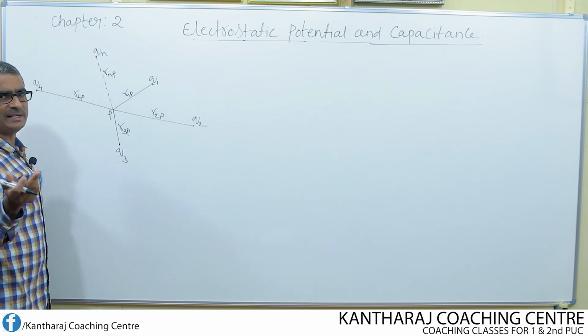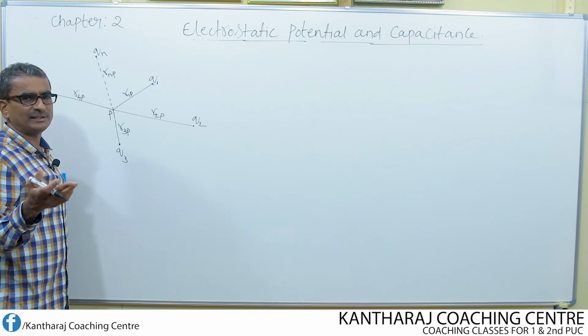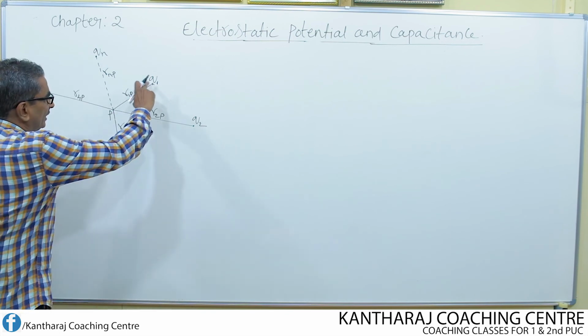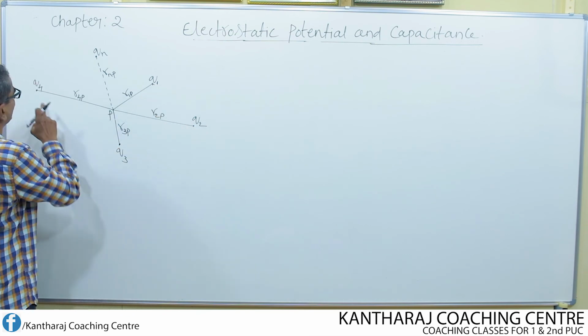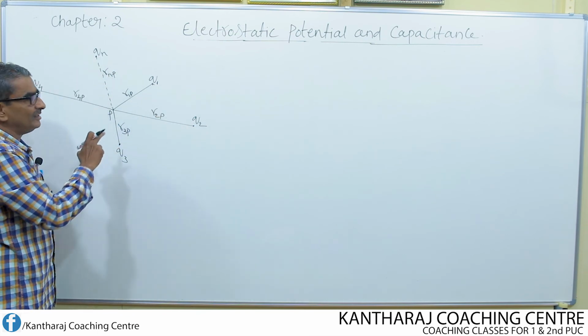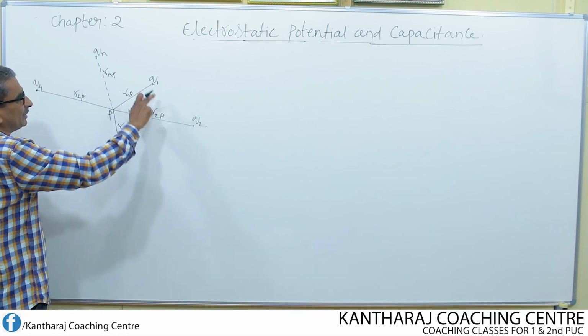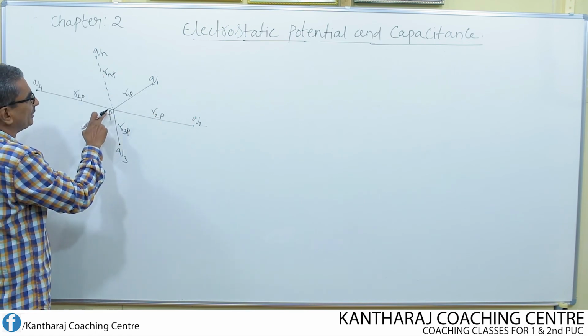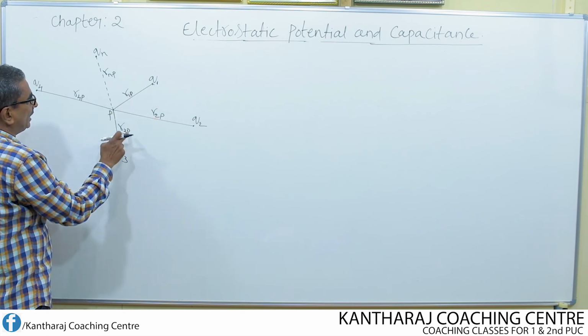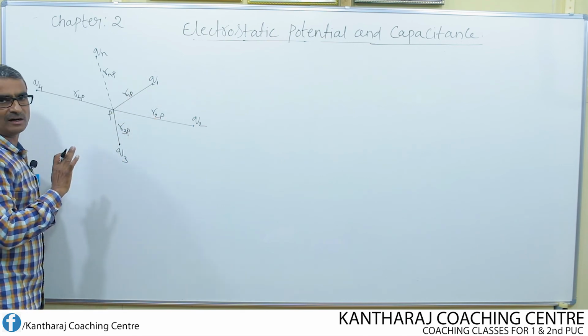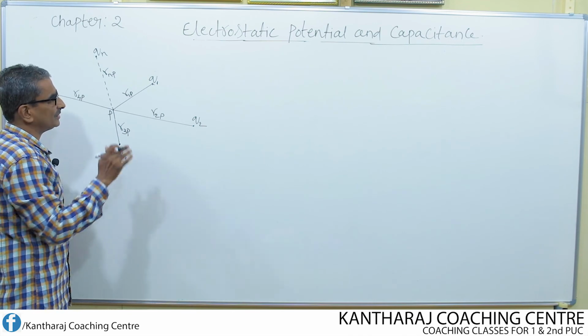N may be any number, 5, 10, 15. So totally I have taken a system of charges Q1, Q2, Q3, Q4 and Qn. All these charges are at different distances from the point P. So R1P, R2P, R3P, R4P are the distances.